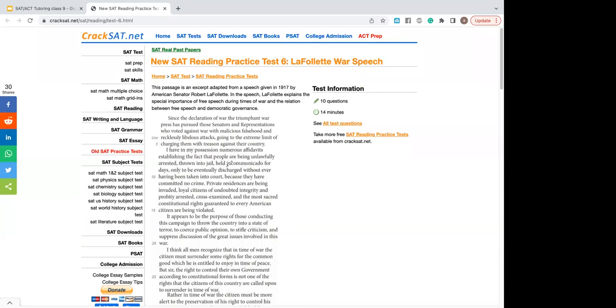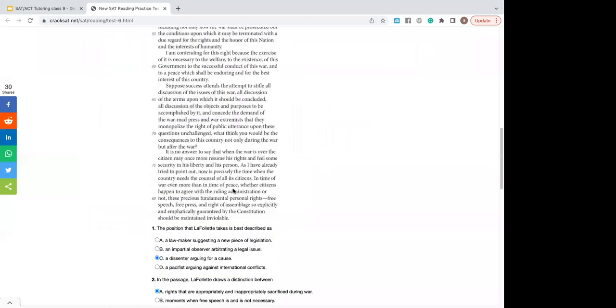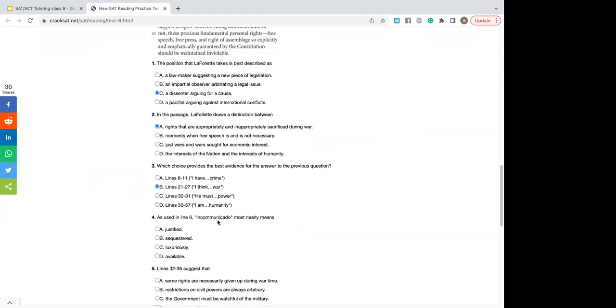Line 8, incommunicado. So isolated, and so something like that. And again, you could just replace all of the answer choices with incommunicado and check which one works. But in this case, justified is not isolated. Sequestered is isolated, so that's a good answer. Luxuriously is not isolated really, and available doesn't really mean isolated. Therefore, our answer is B.